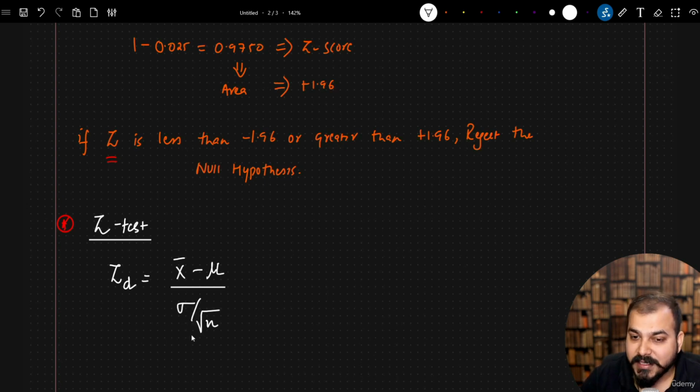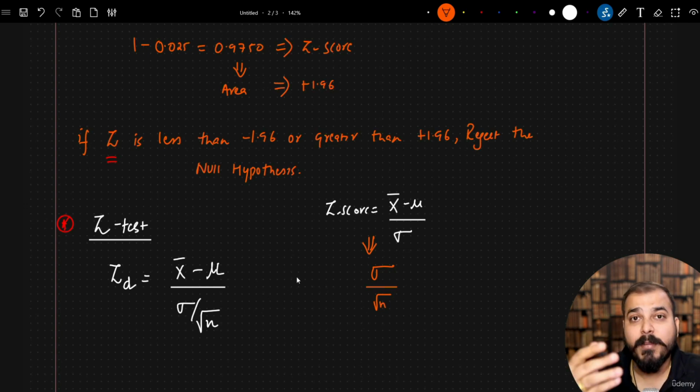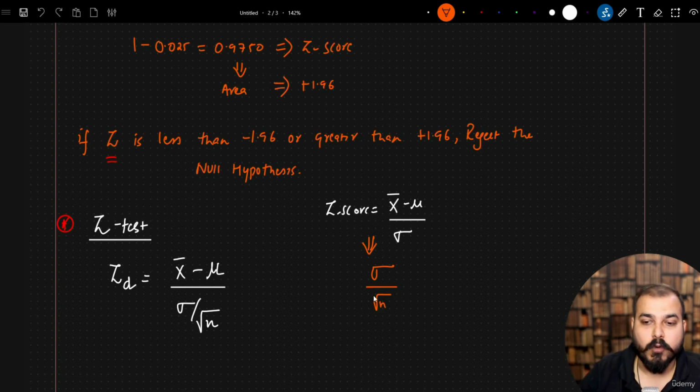You may be wondering why we use this, because the z-score formula we learned till now was x bar minus mu divided by standard deviation. But understand, that was for the population data. According to the central limit theorem, if I'm using it for sample data, my sigma changes to sigma by root n. If you don't remember, guys, just revise the central limit theorem video. In that sampling distribution, my mean will be equal to the population mean, but my standard deviation will be nothing but sigma by root n.